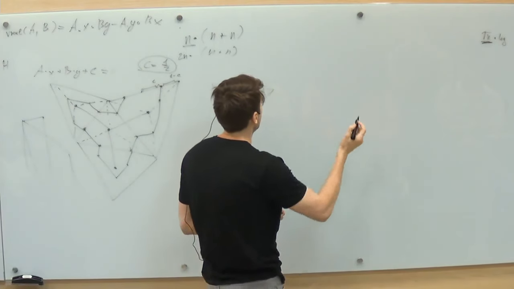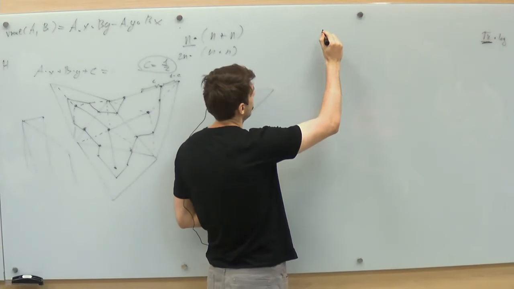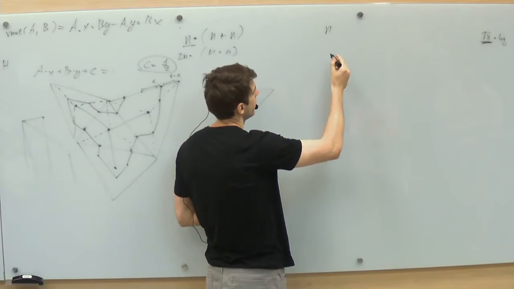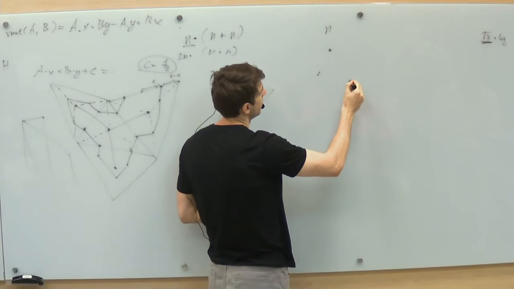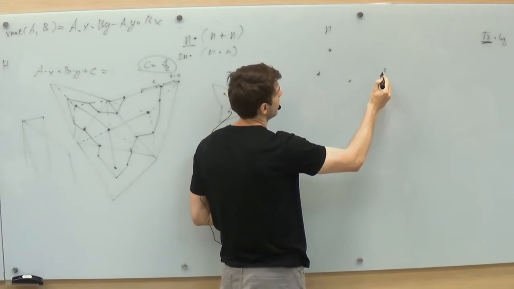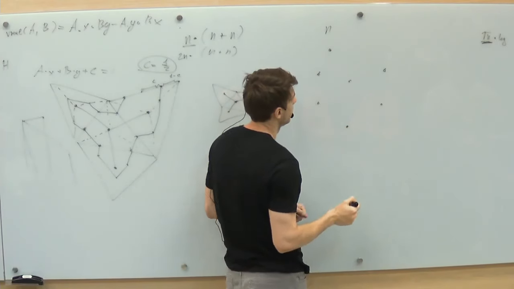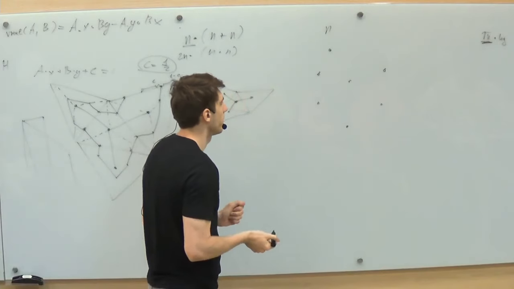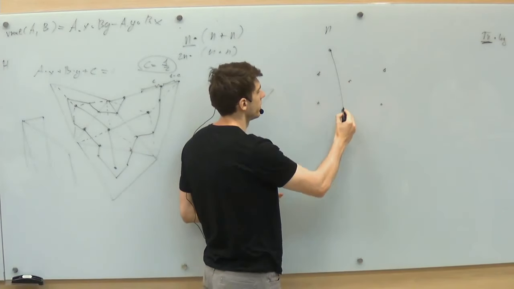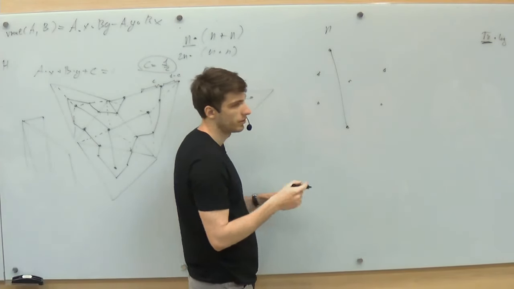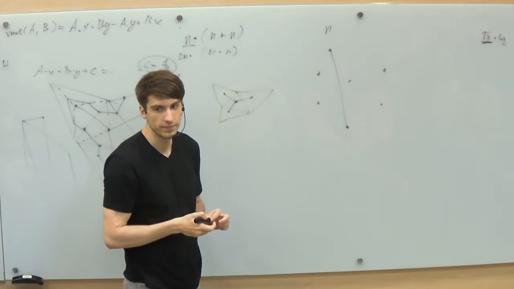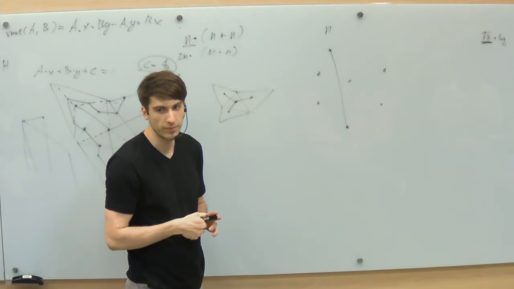So the next problem I want to talk to you about is: we have a set of n points on the plane, and the problem is to find the pair of the most distant points by the Euclidean distance. You know this problem?